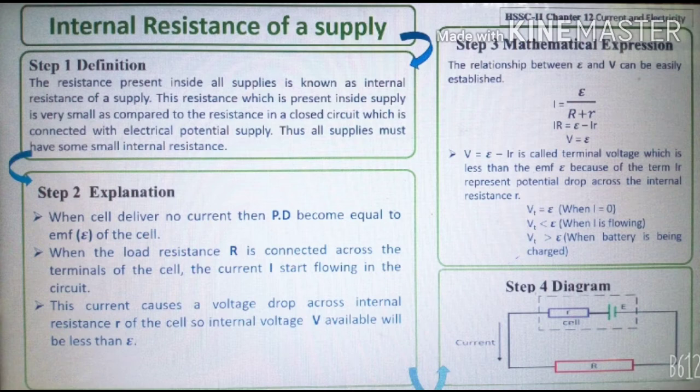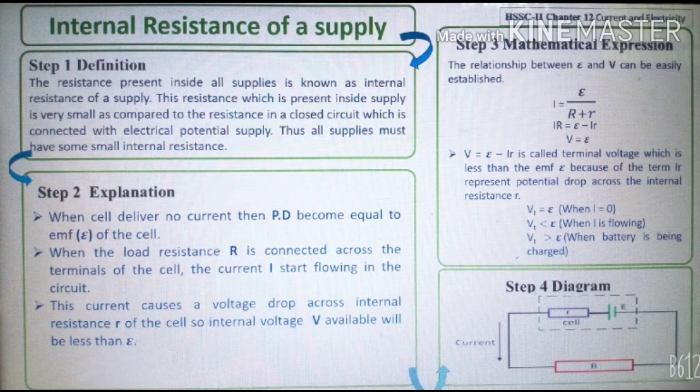The last point of this explanation is that this current causes a voltage drop across the internal resistance. There will be a voltage drop across the small internal resistance of the cell, so the internal voltage V available will be less than the EMF. Basically there are two types of voltages: internal voltage and external voltage.